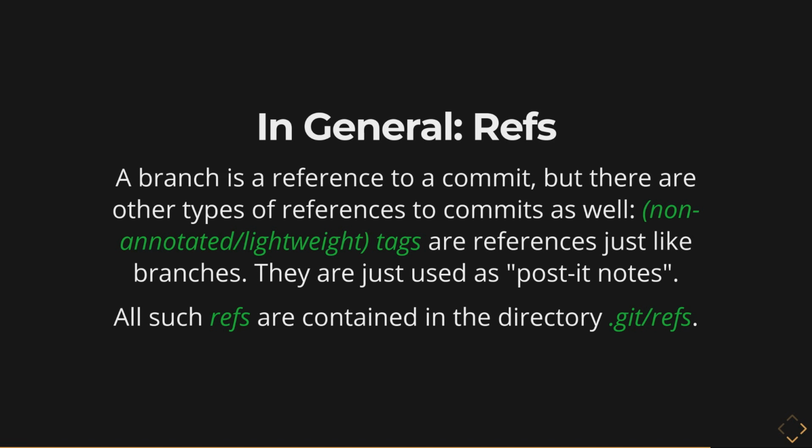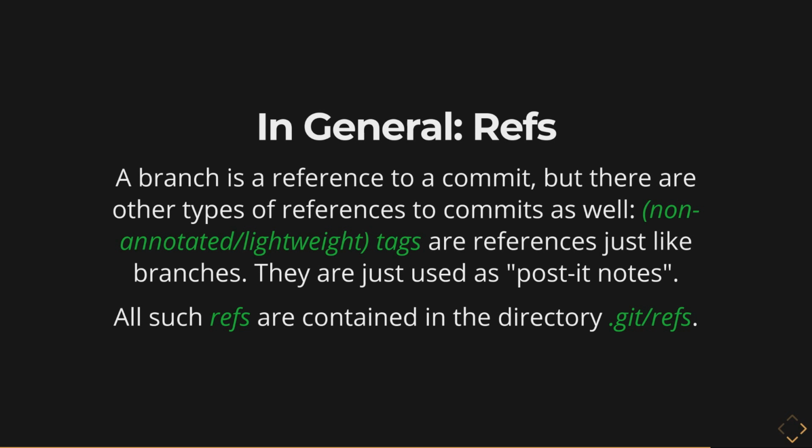For example, there's the concept of a tag, a lightweight tag. Not the kind of tag that's used as an object, but the kind of tag that isn't. I'm not sure if you've seen these. They're by far the most common kind of tag. And they're basically just used as post-it notes that you just stick onto a commit in order to remind you about something.